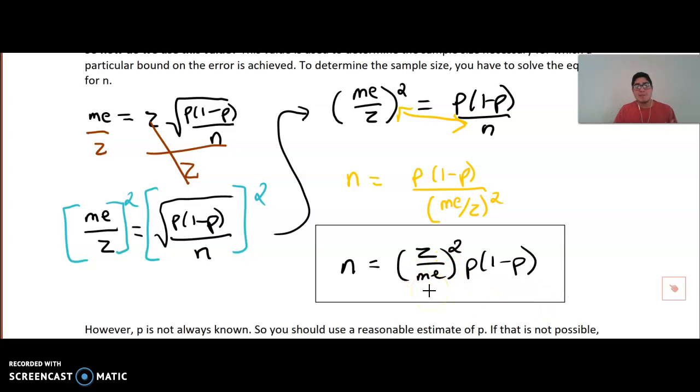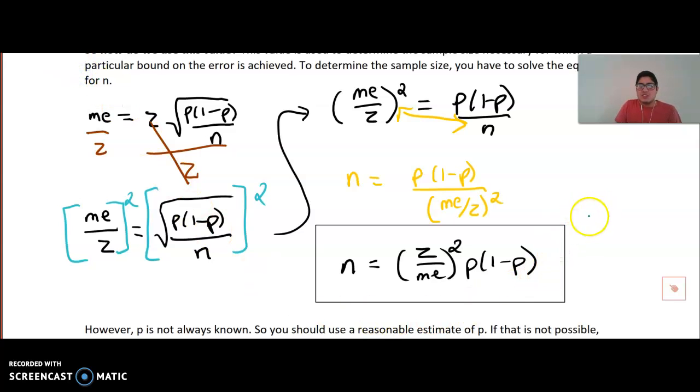However, since it's a sample size, we usually can't have decimal representations here because we can't have 0.23 right-handed people. We can't have 0.46 of people with brown eyes. We can have that as a proportion, but not as a sample. So we're going to use the ceiling function here, and maybe you've heard of it, maybe you haven't.